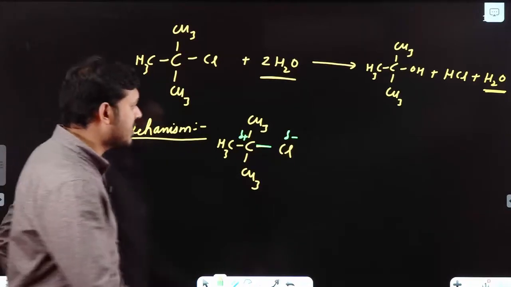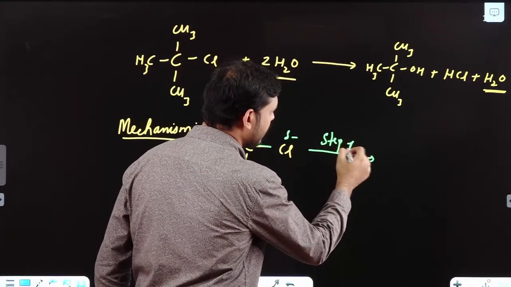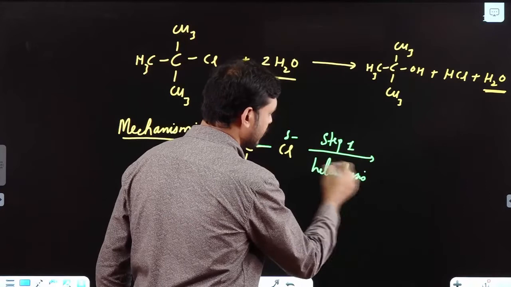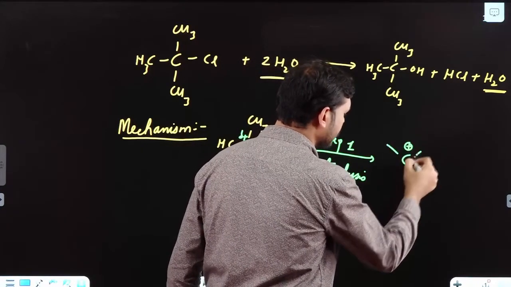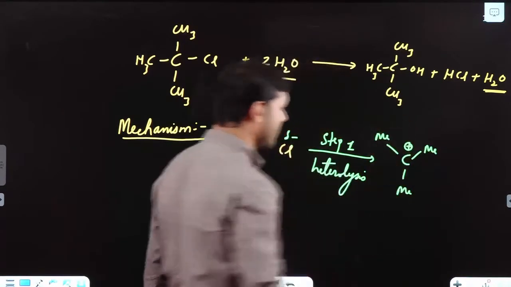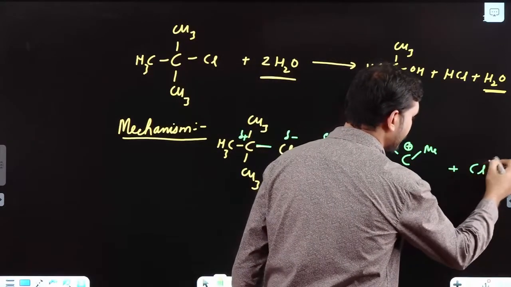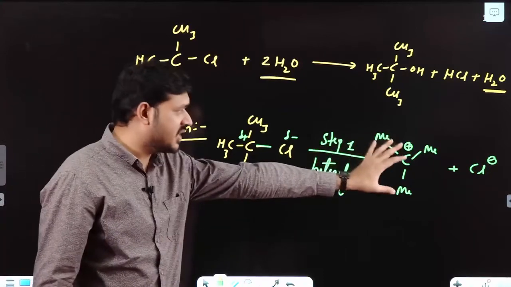So first of all this bond breaks. Step 1, heterolysis. It will form this carbocation plus Cl minus. So dear students, here carbocation is generated.